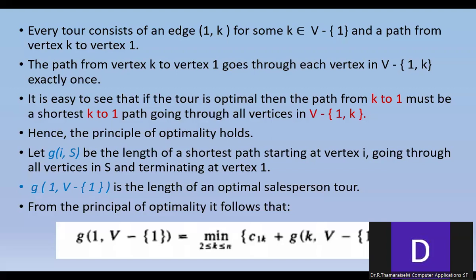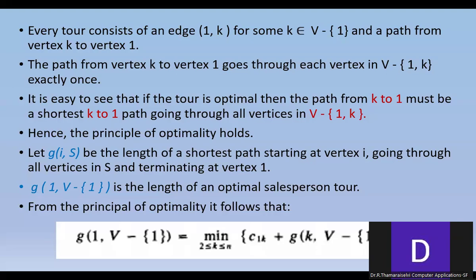For example, g(1, V minus {1}) is the length of the optimal salesperson tour.